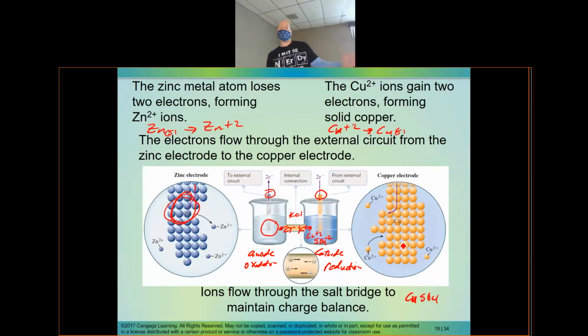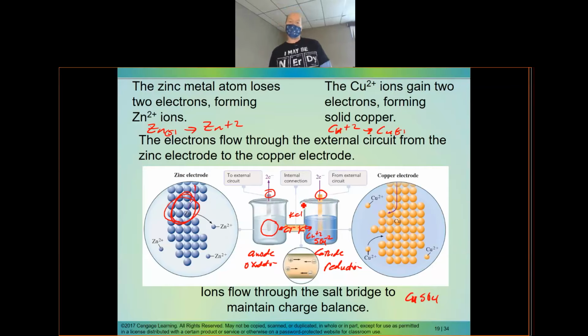Going from copper plus 2 to copper, a K plus is going to come in and keep that charge neutralized, not building up a high charge on either side. That is the function of the salt bridge.